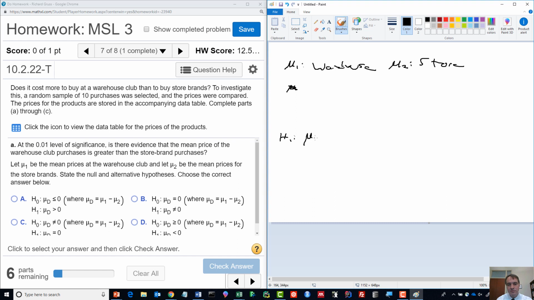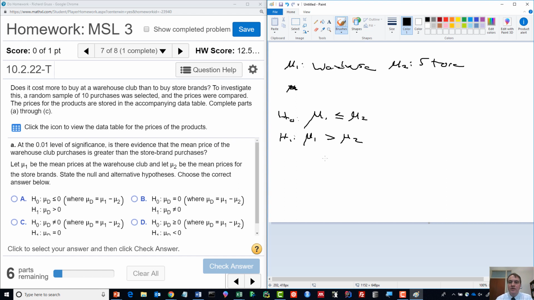We're saying, is it true that mu1 is greater than mu2? That makes our null hypothesis the opposite, which would be that mu1 is less than or equal to mu2.